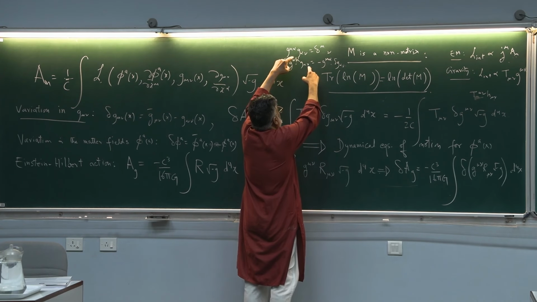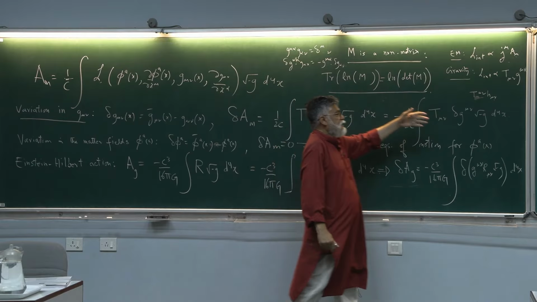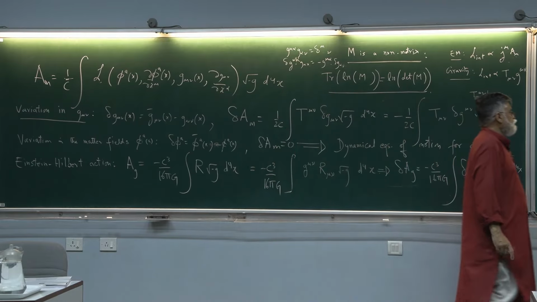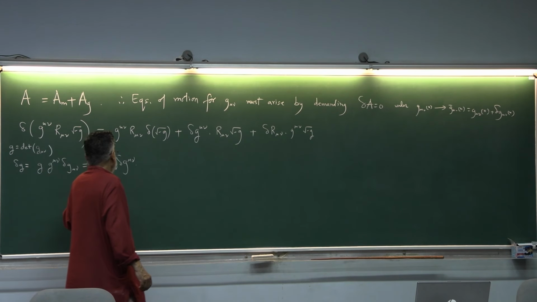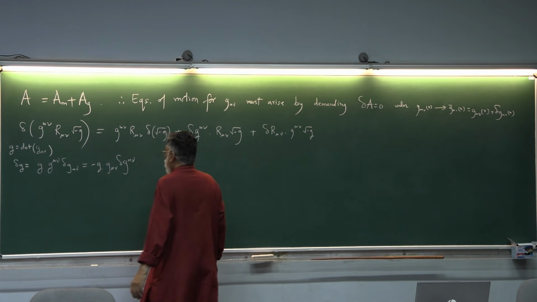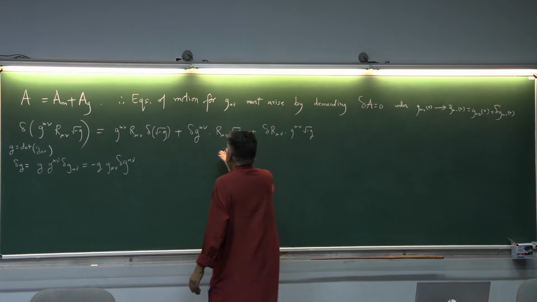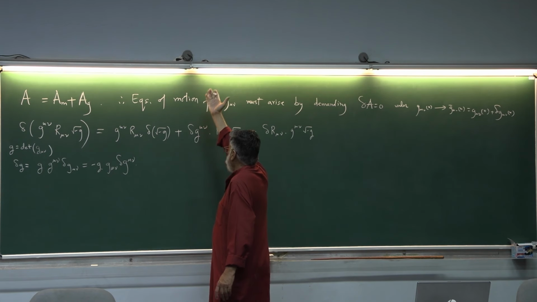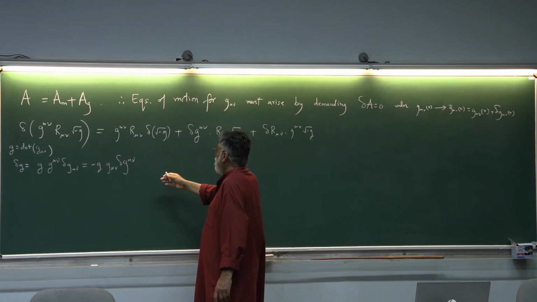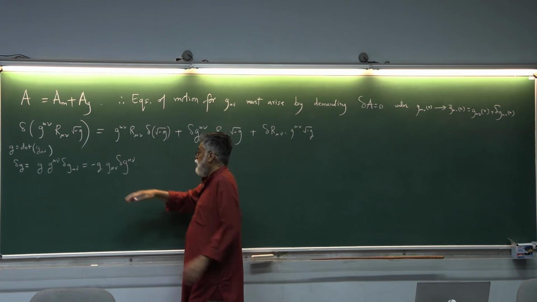If you set mu to be beta, you get back this result. And because we are using delta G mu nu upstairs, everything is upstairs, so I'll use this part. I'll not use this.